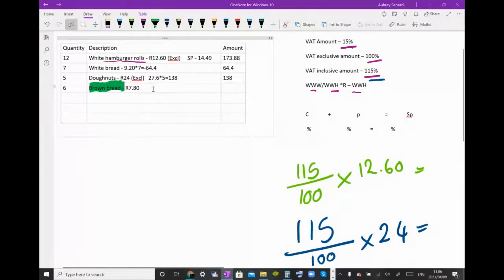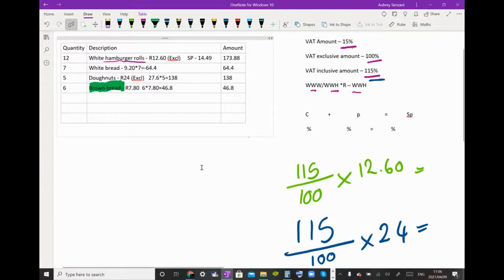Okay, awesome. Then here, like I said, it's zero rated. So we're just going to say 6 times 7 rand 80, and then we obviously get 46.8.